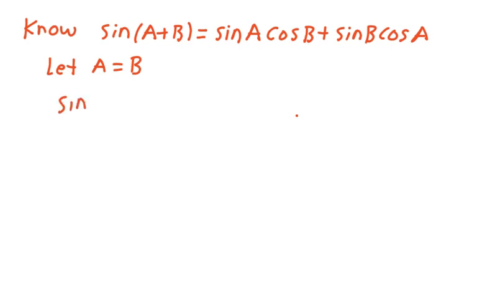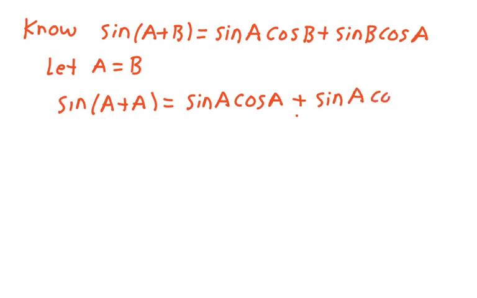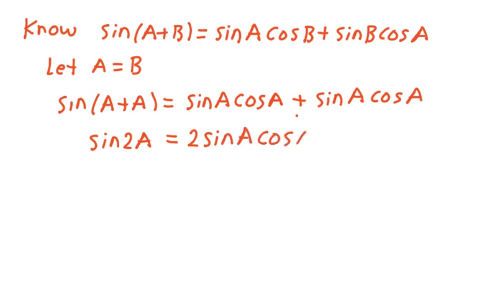Then what I get is sine of a plus a. But I'm going to replace b with a, so I get sine a cosine a plus sine a cosine a. But a plus a is 2a, so we get sine of 2a on the left-hand side. And on the right-hand side, notice how those terms look alike? That just says there's two of them. So we get sine of 2a is 2 sine a cosine a.